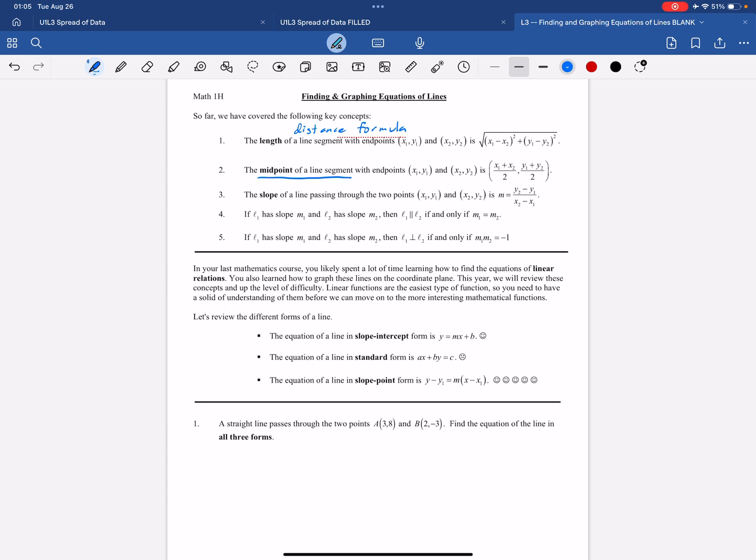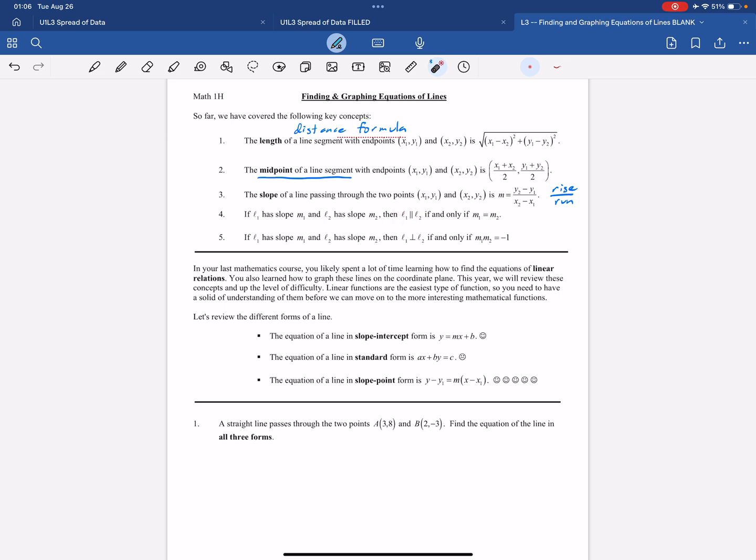And then I believe we talked about slope, right? This is known as rise over run. And so we take the change in the y values, one way to do that is y2 minus y1, over the change in the x values. Okay, these are from the last classes.